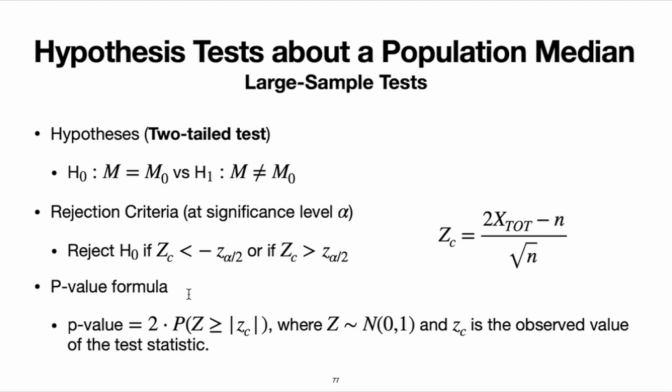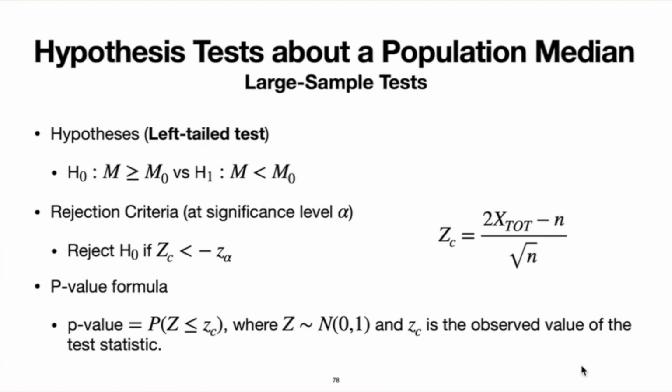And then to calculate a p-value for this test, the p-value is going to be equal to 2 times the probability that z, where z is a standard normal random variable, is greater than or equal to the absolute value of little z sub c, where little z sub c is the observed value of the test statistic cap Z sub z.